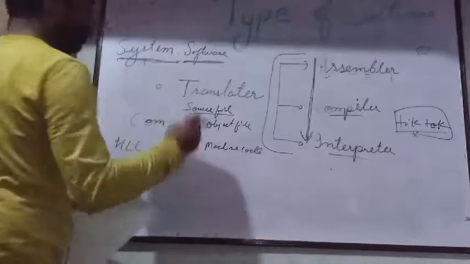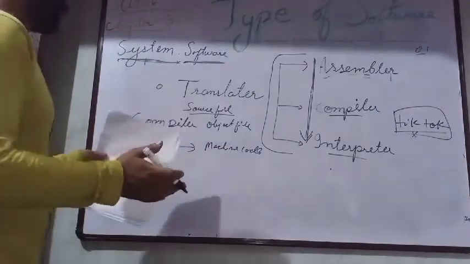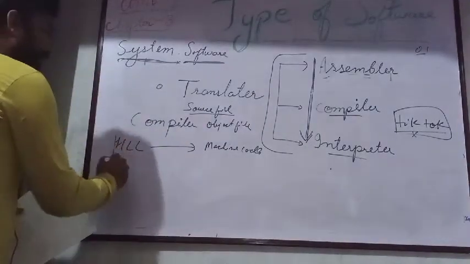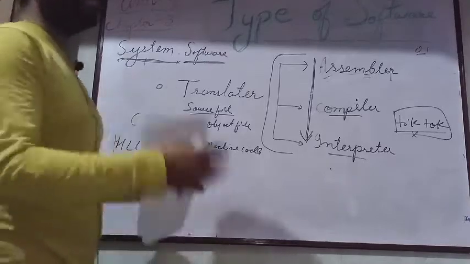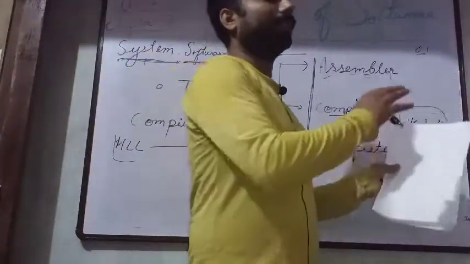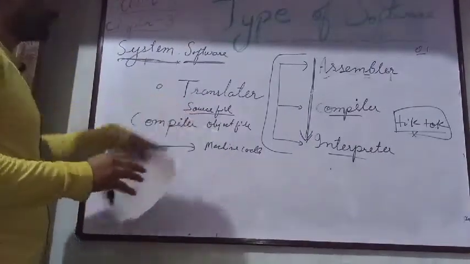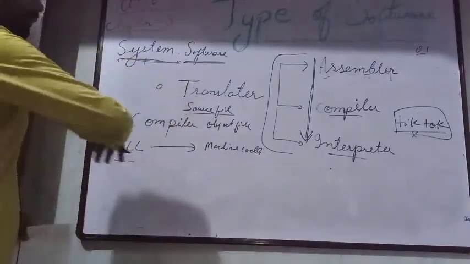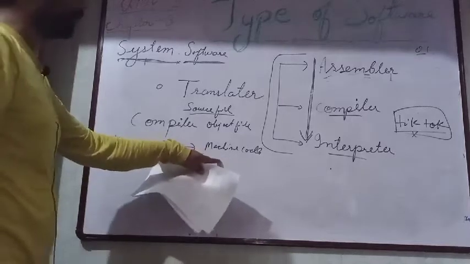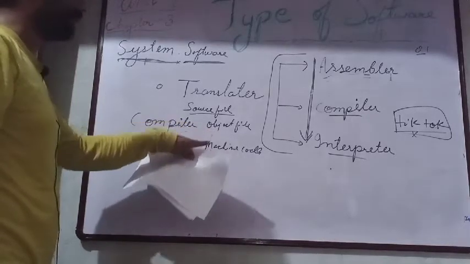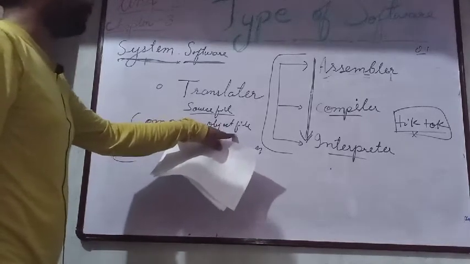Source files are programs written in high level language with multi-line instructions; that is called a source file. After compiling it, after converting it into machine code, that is called an object file.